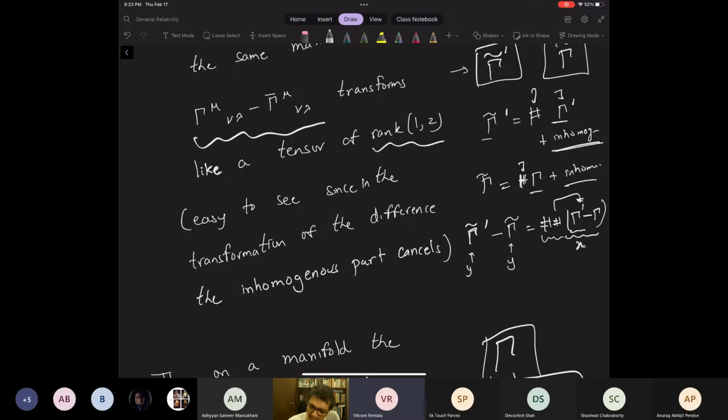What that means is that the difference between our connections transforms like a tensor. You're absolutely right, you have these tensor transformation coefficients here.